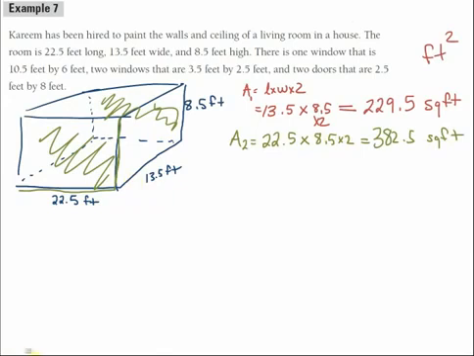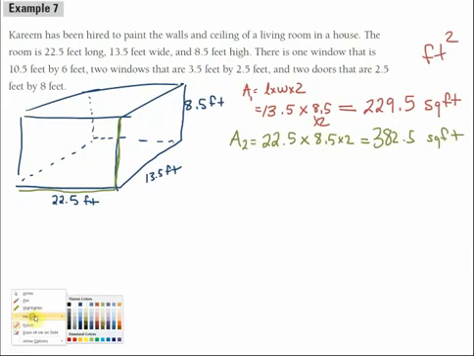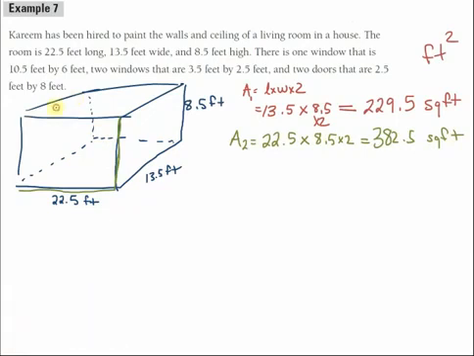And then the last part here, he has to paint the ceiling. Now he's not going to paint the floor, so we're not going to have the times 2 this time. All we have to do is identify that we're just doing the ceiling. I'll do that back in blue. The ceiling is this rectangle here, which is 22.5 by 13.5.